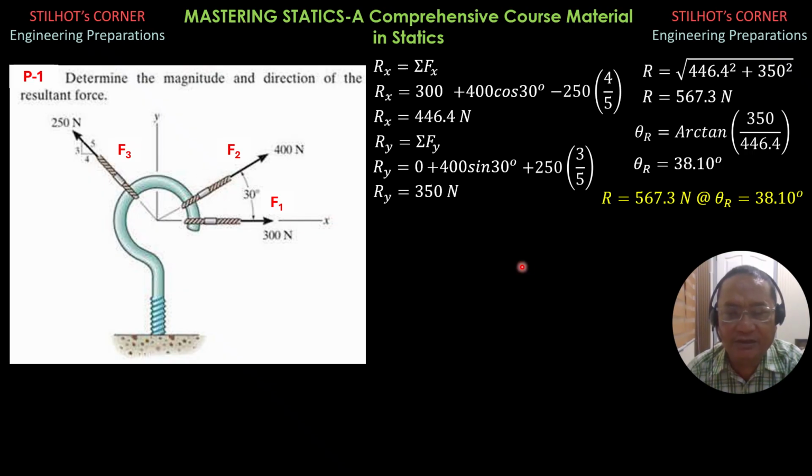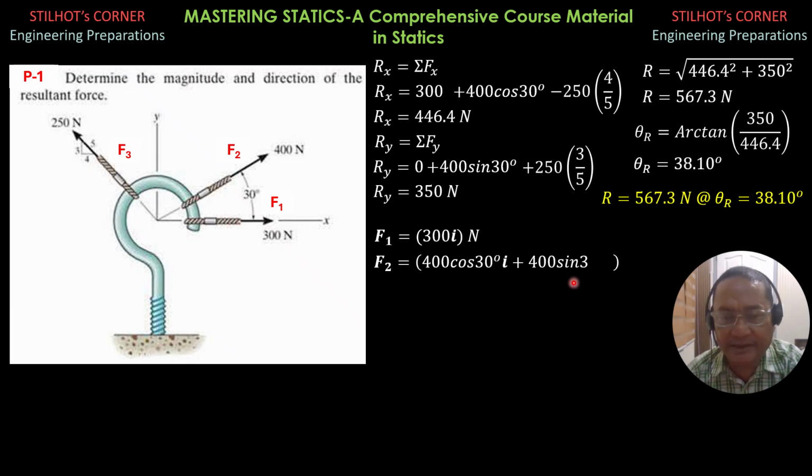Now for the second solution, let's express each force in vector form. So F1, because it is purely directed to the right, it is 300 i newtons. F2 is magnitude 400 times quantity cosine of 30 degrees i plus sine 30 degrees j. And simplifying F2, these are vectors, boldface.